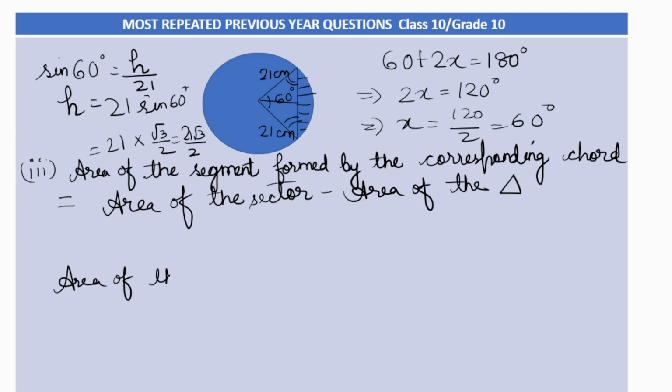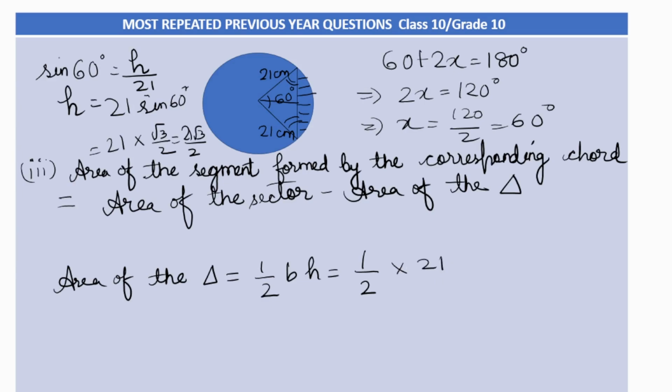Area of the triangle is equal to half base into height. The base of this triangle will be 21 because it is already understood it is an equiangular or equilateral triangle, 60 degree, 60 degree, 60 degree. So all sides are the same. If this is 21, this is 21, which means this chord is also 21 centimeter, which is the base of the triangle.